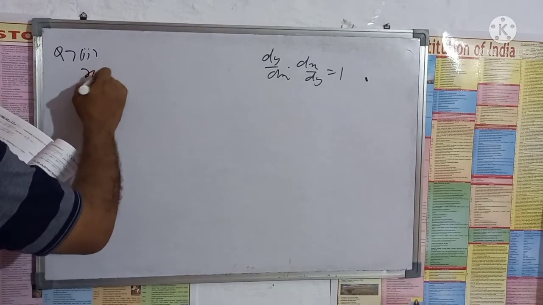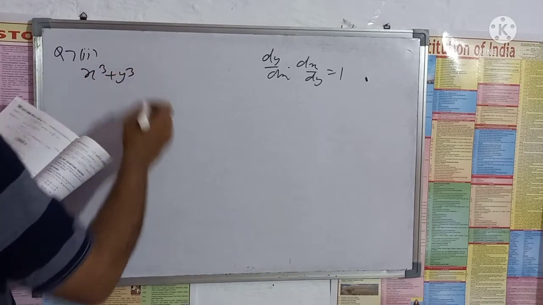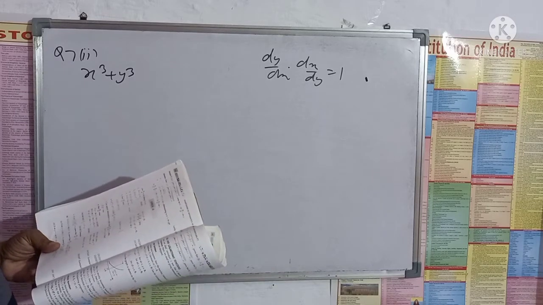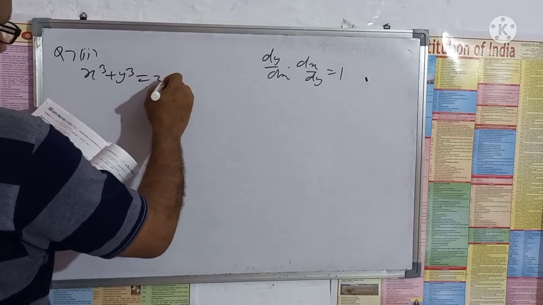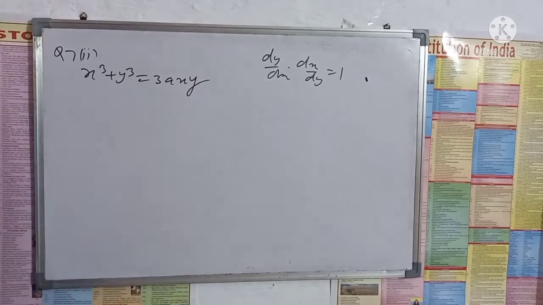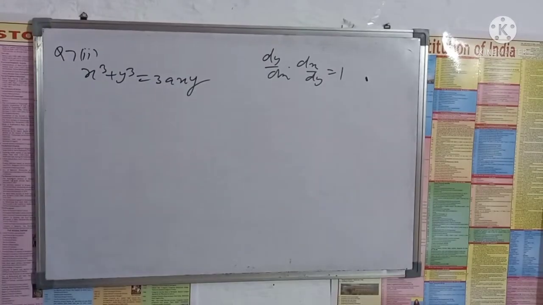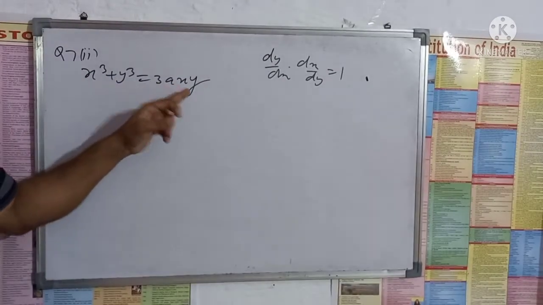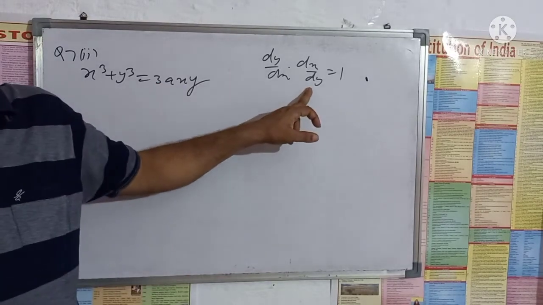x cube plus y cube is equal to 3axy. We have to verify this result.